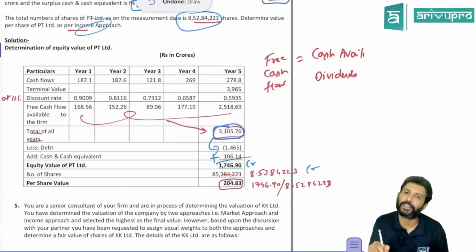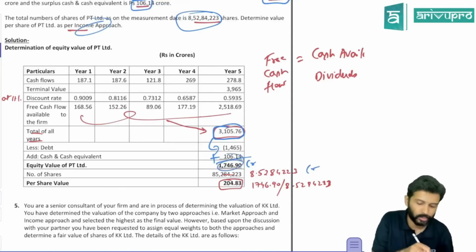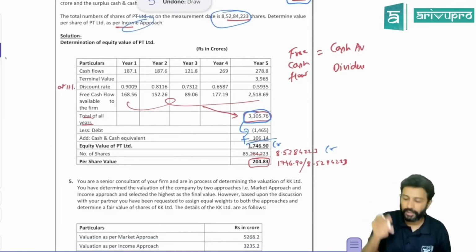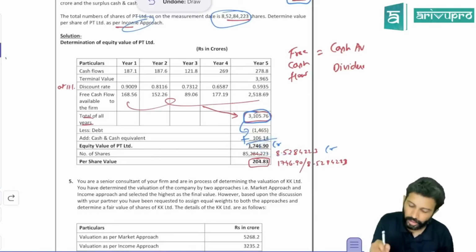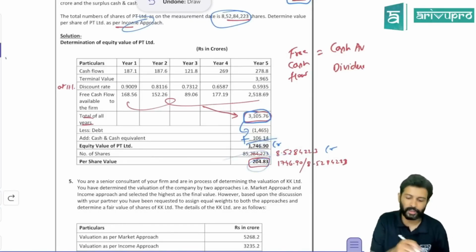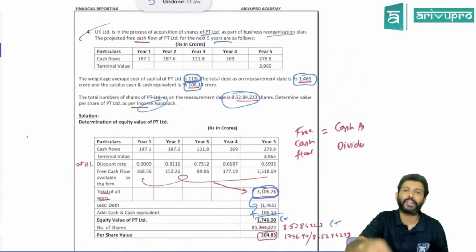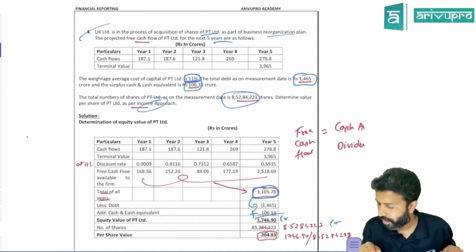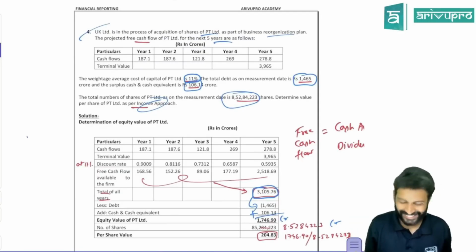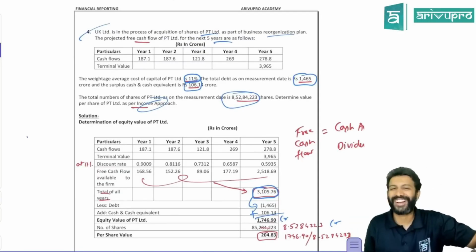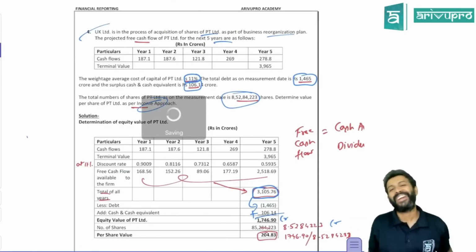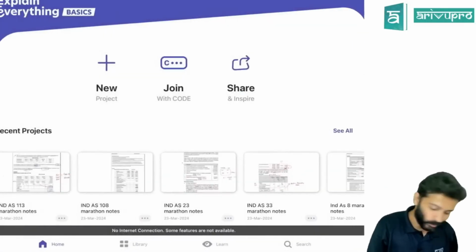The total value of all the shares is 1746.90, and we have 8.52 crore shares. That means what is the value of one share? Divide these two numbers and you get 204.83. That is the value of one equity share arrived at as per the income approach. With this, IND AS 113 is also complete.